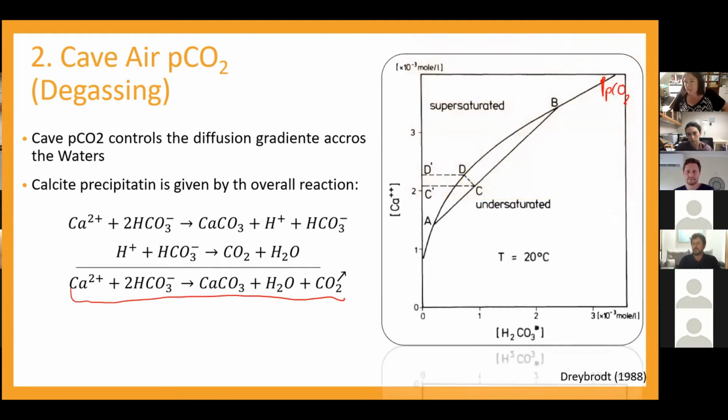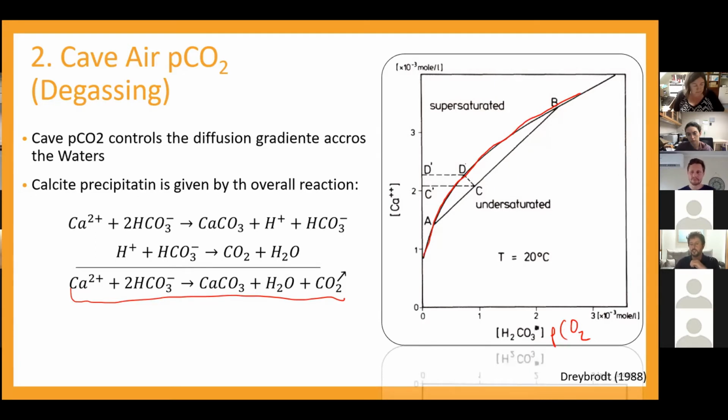We can also see this in the classical curve of calcite precipitation. We have the amount of calcium. This is the curve of calcite saturation. And here the amount of carbonic acid, which you can also take as the amount of KHPCO2 if you prefer, or in other words, the CO2 in equilibrium with the solution.